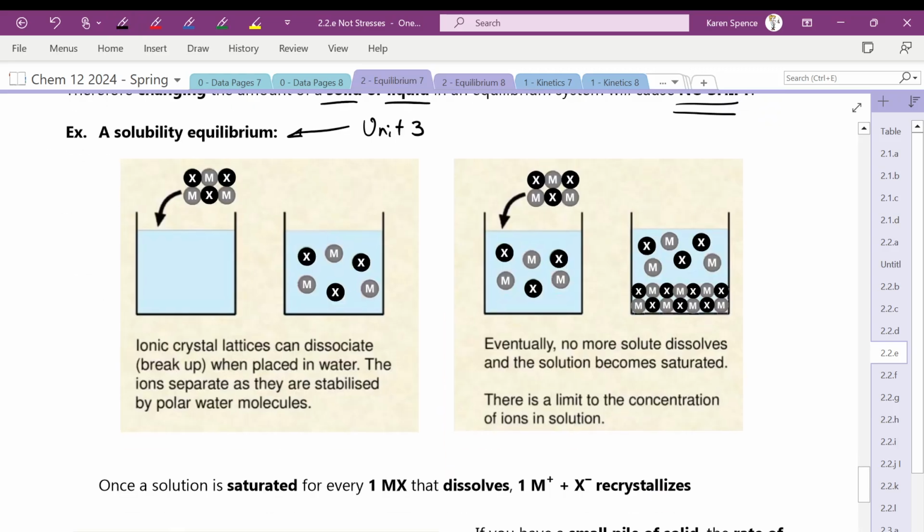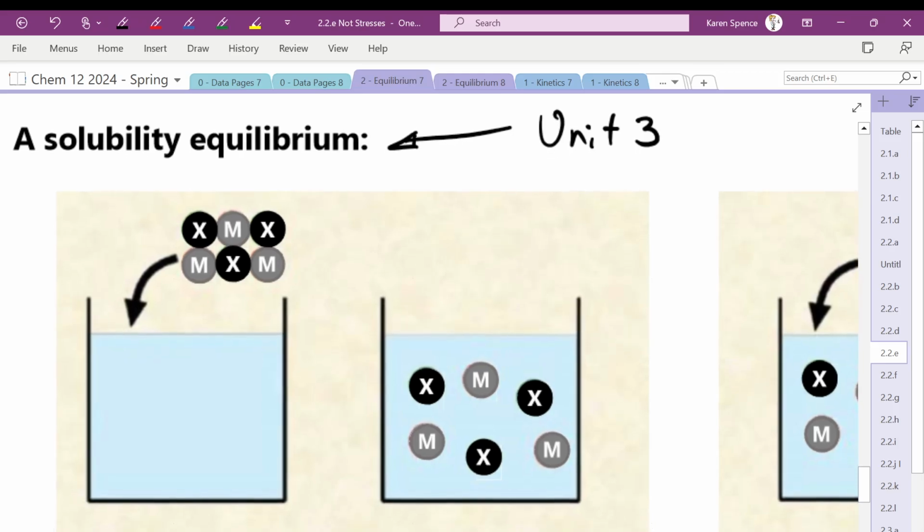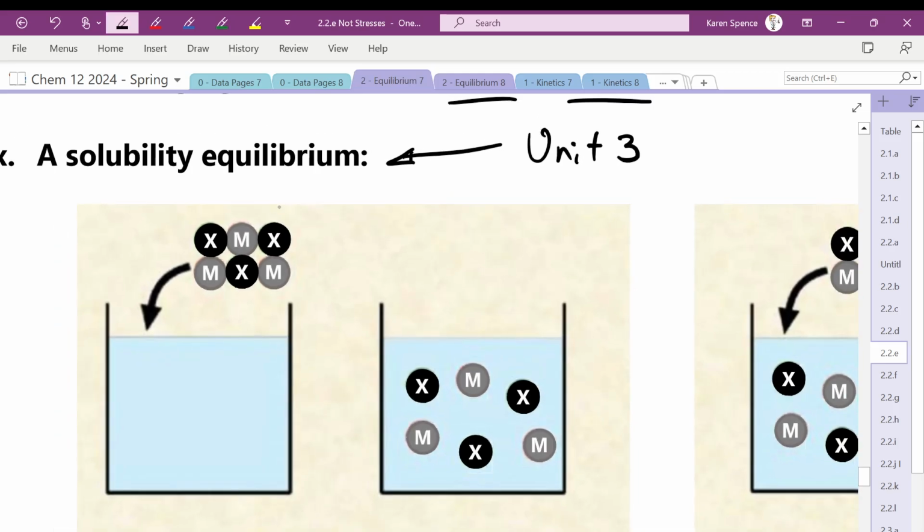Here is an ionic crystal lattice. We have a metal. The metal is positive. We have a nonmetal, which is negative. And here we have a crystal.